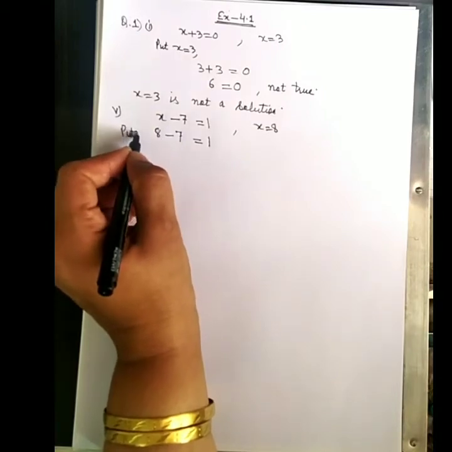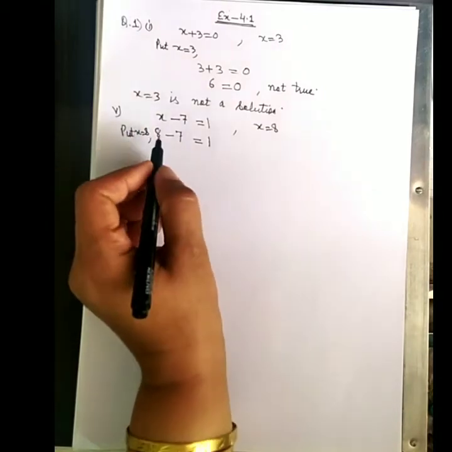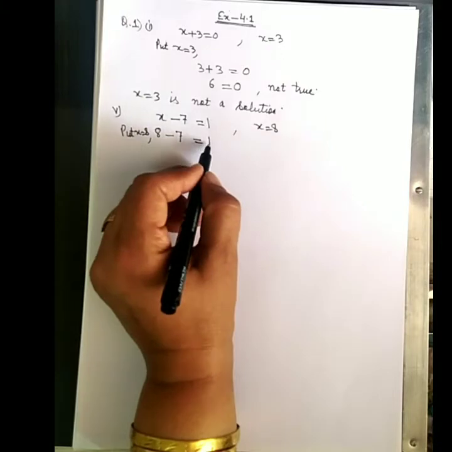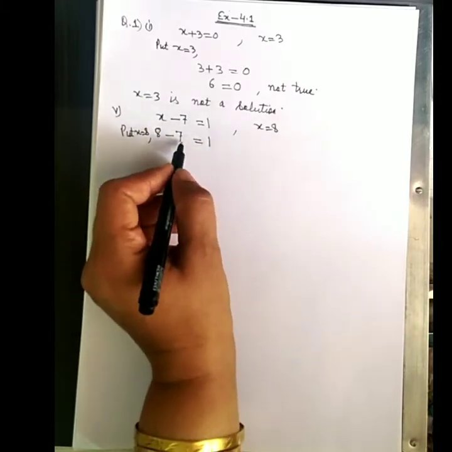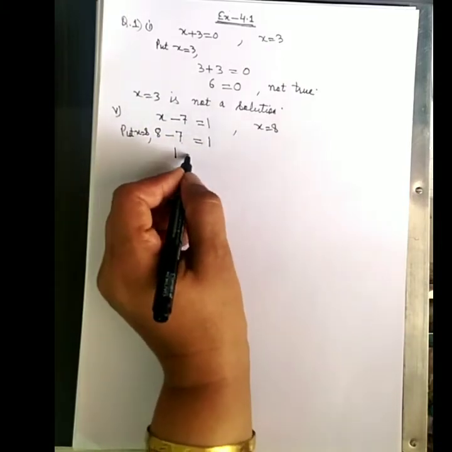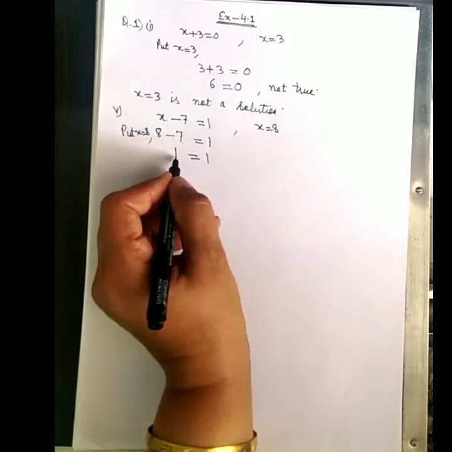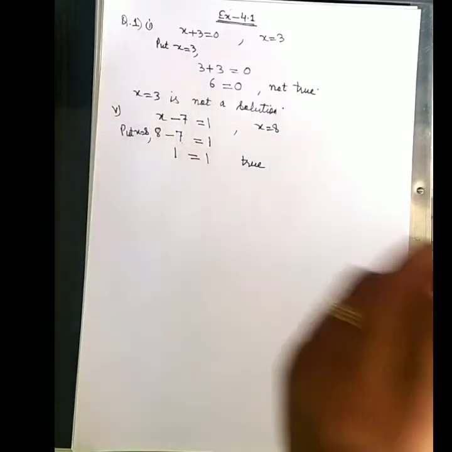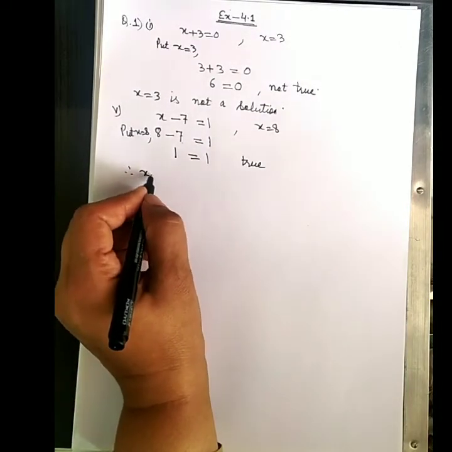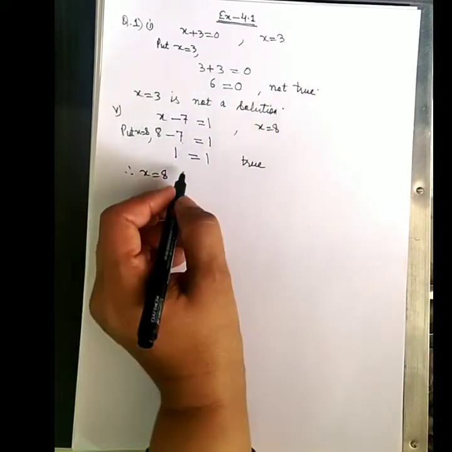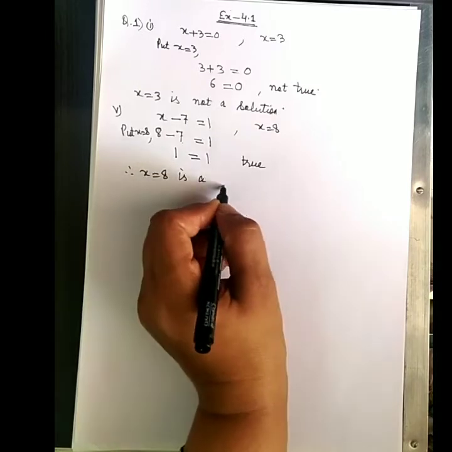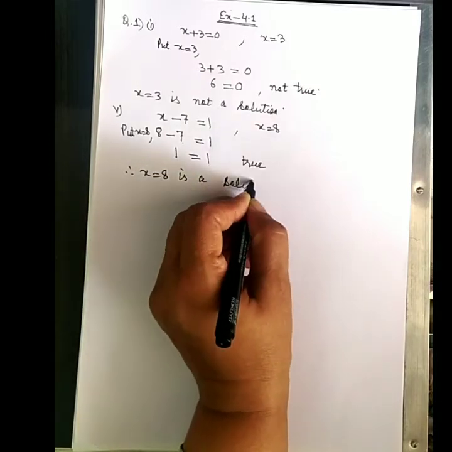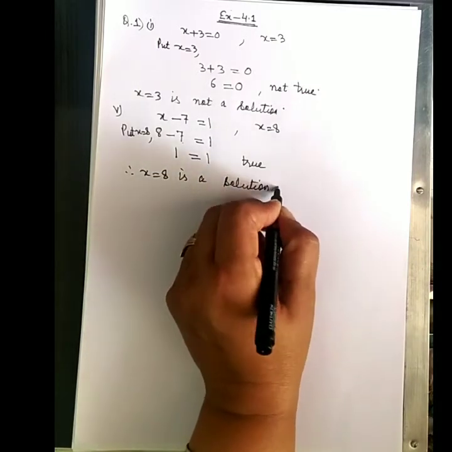So it will be 8 minus 7 is equal to 1. And what is 8 minus 7? It is 1. 1 is equal to 1. Both are equal, so it is true. Therefore, x is equal to 8 is a solution. Is it clear, students?